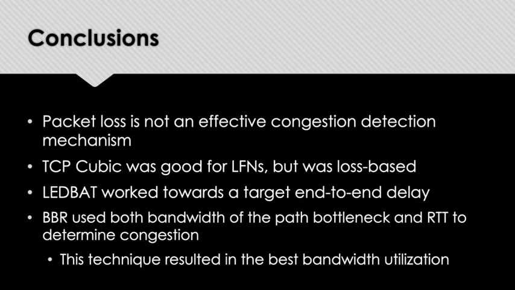We can say in conclusion that although packet loss was a good congestion detection mechanism in the past, now real-time estimates and end-to-end throughput and their variations are the best metrics in determining such congestion. BBR dominates this sector in utilizing the most available bandwidth while maintaining the data rate at a constant, which is the maximum that the bottleneck could handle.